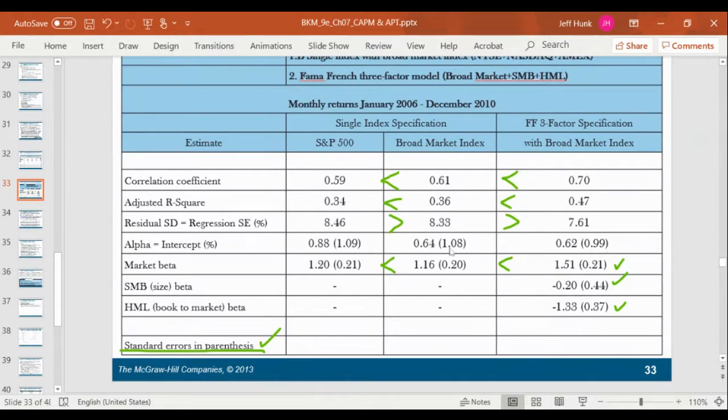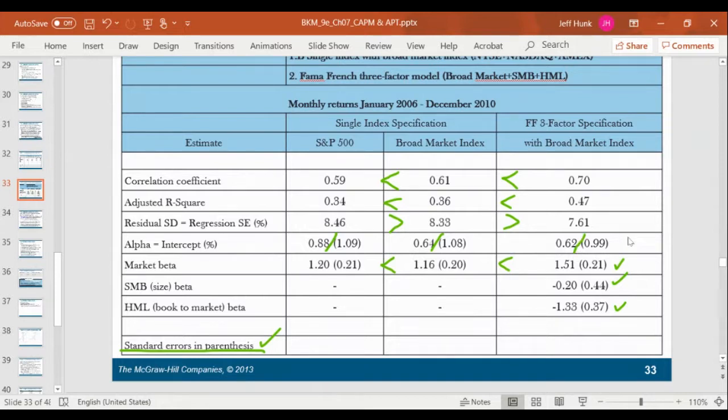Looking at the alpha value, it is estimated small, but again, look at its t-value. If you divide this by this, that's the t-value.